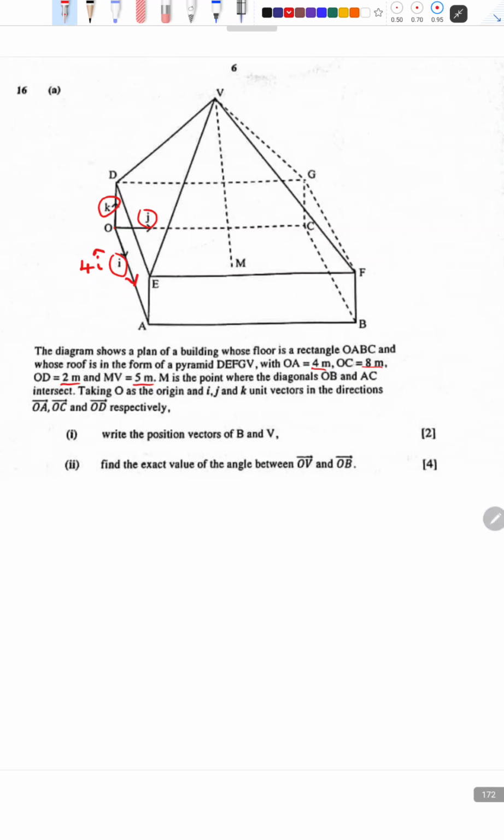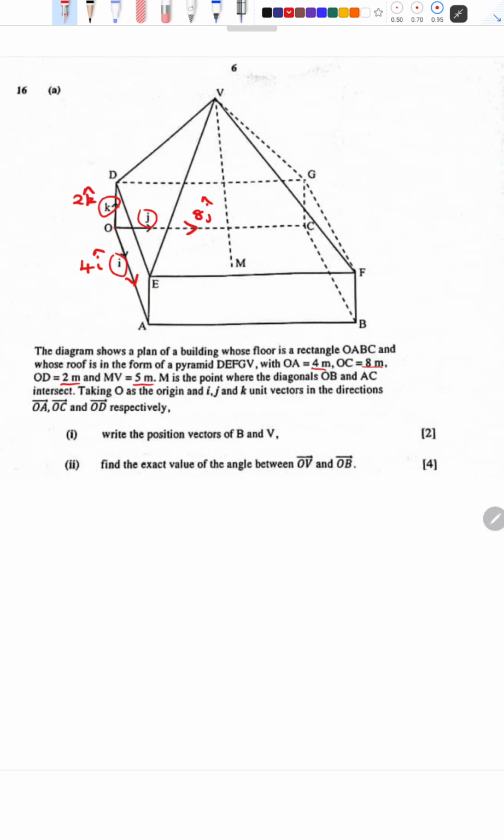Then we are given OC is 8 meters. So I'm going to write 8j. Then you put an arrow which is pointing to C from O. This is 8j. Then we are given OD as 2 meters. So I'm going to write 2k, representing the complete vector OD.